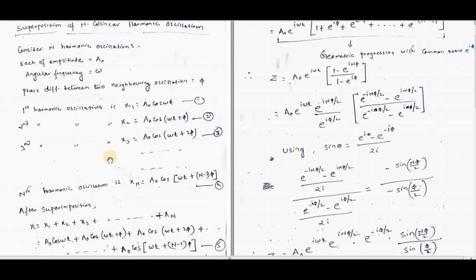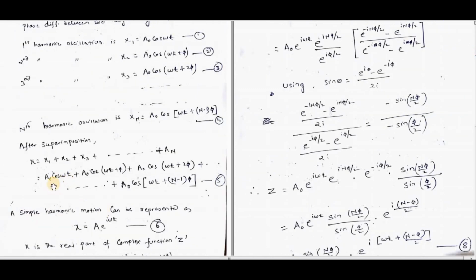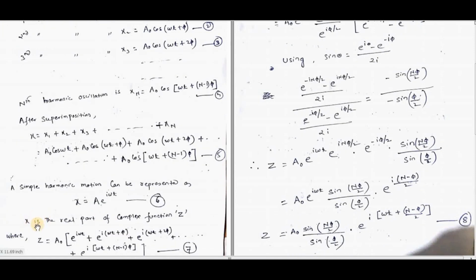So after superimposition, that means after adding up all these simple harmonic oscillations, what will you get? This is the expression: x1 plus x2 plus x3, in this way up to xn. Now a simple harmonic motion can be represented by this equation, x equal to a e to the power i omega t, where x is the real part of the complex function z.